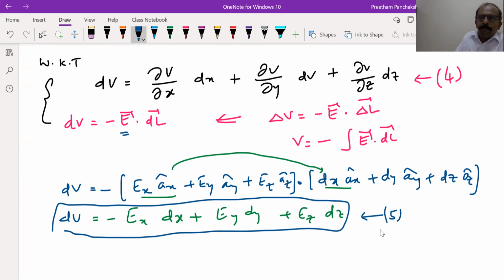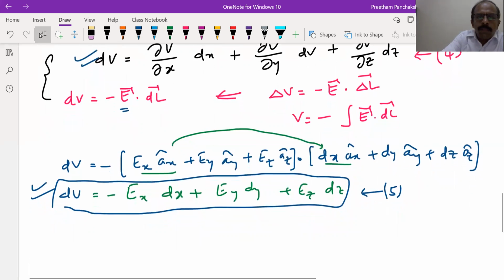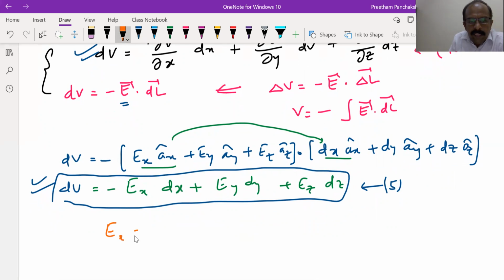Now let us compare equation 4 and equation 5, that is this one and this one. Left side, both are dV. So the right side must be equal. By comparing left side and right side, we can get the relation: Ex equal to minus dou V by dou x.